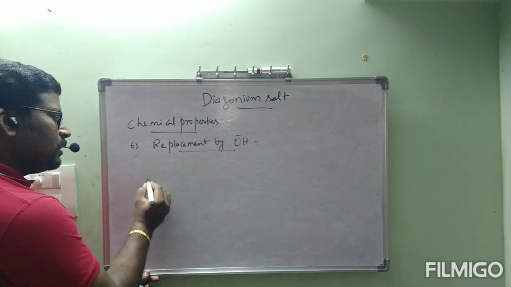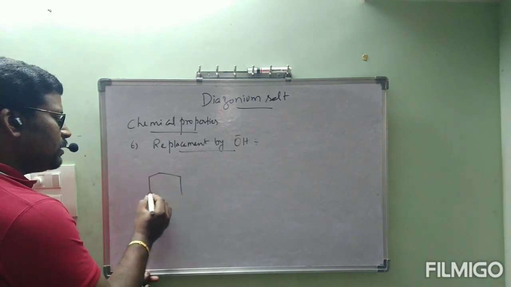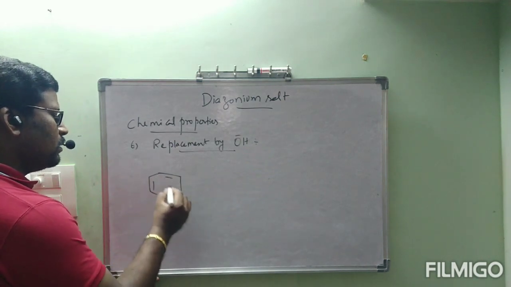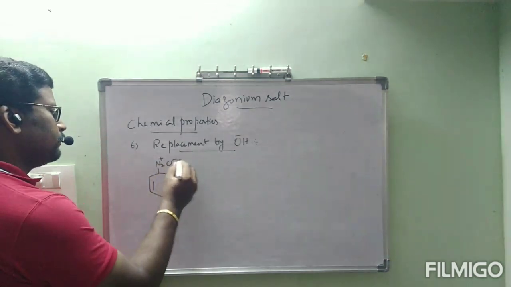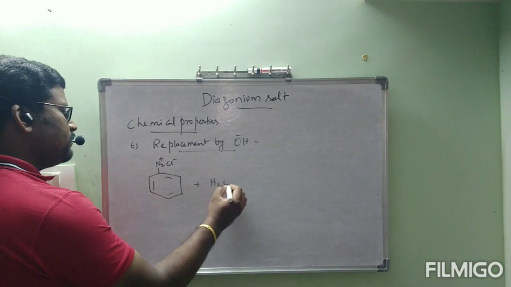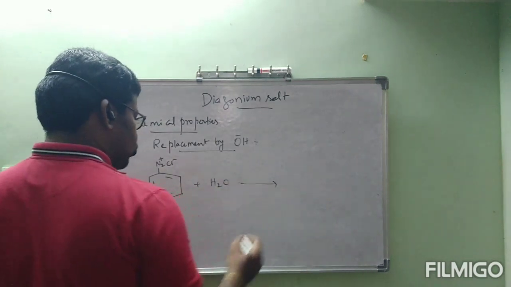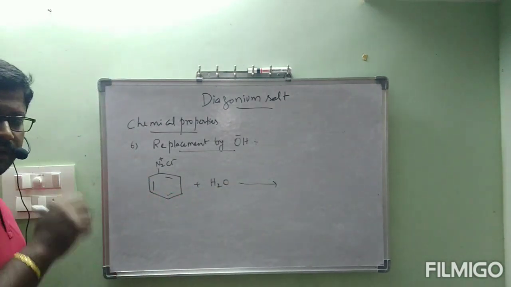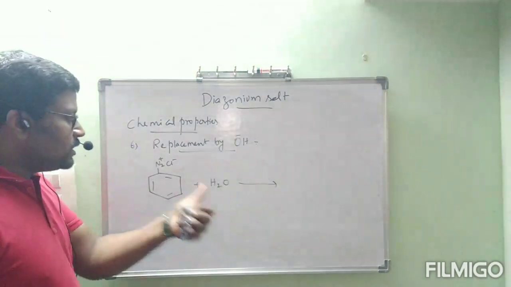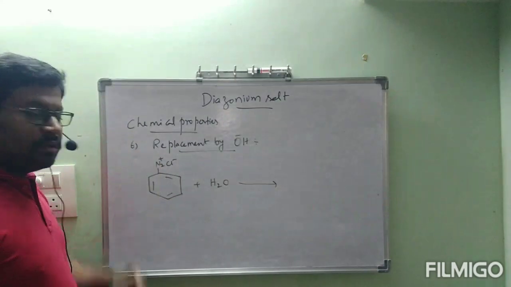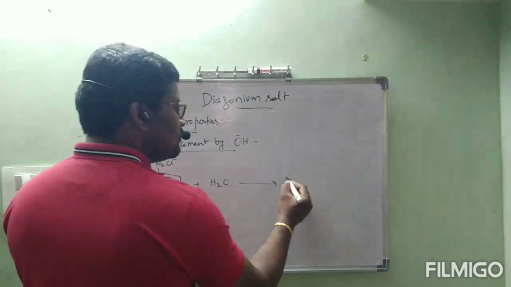This is simple. We will start with benzene diazonium chloride reacted with water. From water, OH is there, and that OH is going to replace this N2 plus to form phenol.